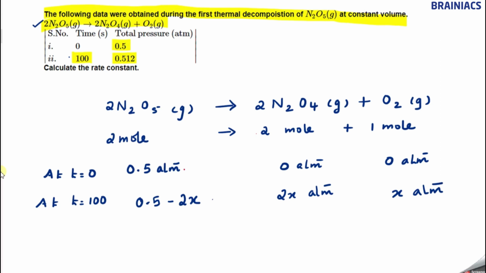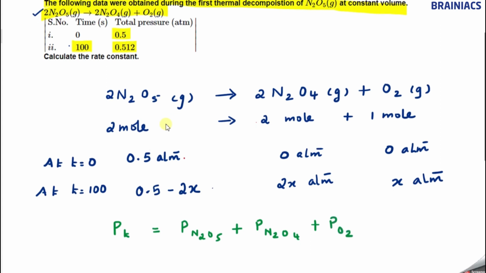Now what we need to do is calculate the total pressure. I will take a new color. So the total pressure PT is equal to, tell me, pressure due to N2O5 plus pressure due to N2O4 plus pressure due to oxygen, a combination of these, correct.